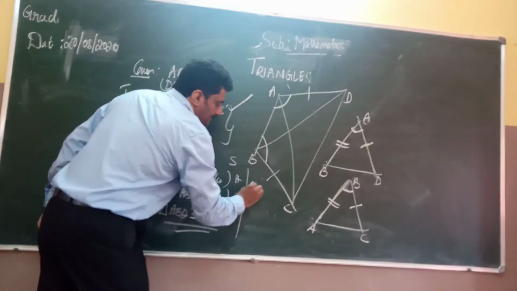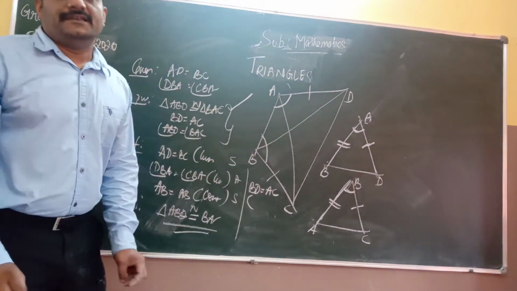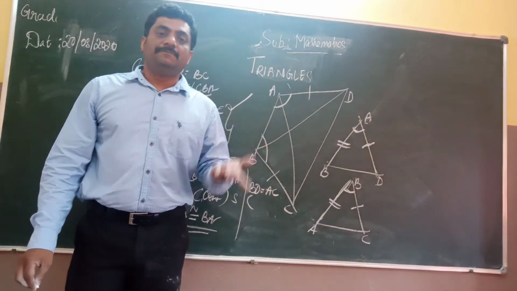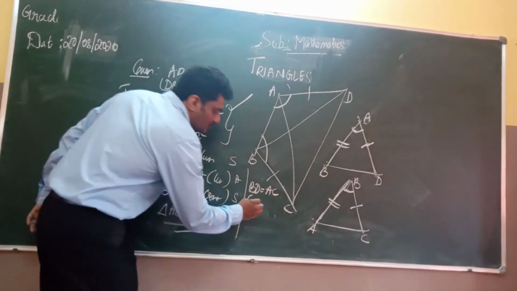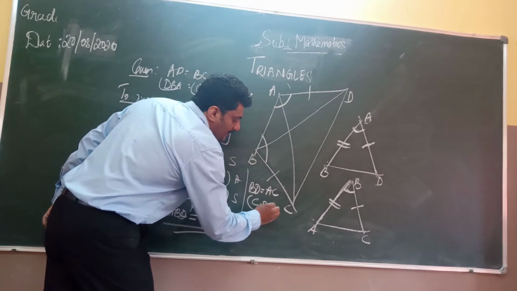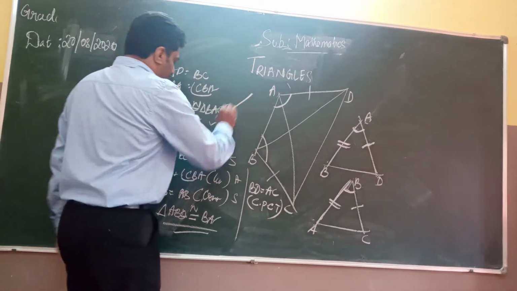In this case, BD is equal to AC. Now, what is the reason you will write? You have to write corresponding parts of congruent triangles are equal. So, in short, you can write CPCT. That is enough. The second one is also done.